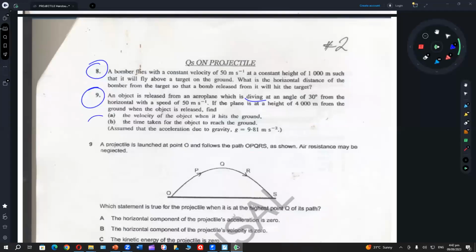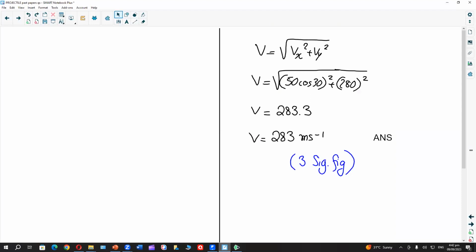Part 2. The time taken for the object to reach the ground. Time can be found from the horizontal or vertical, any component.